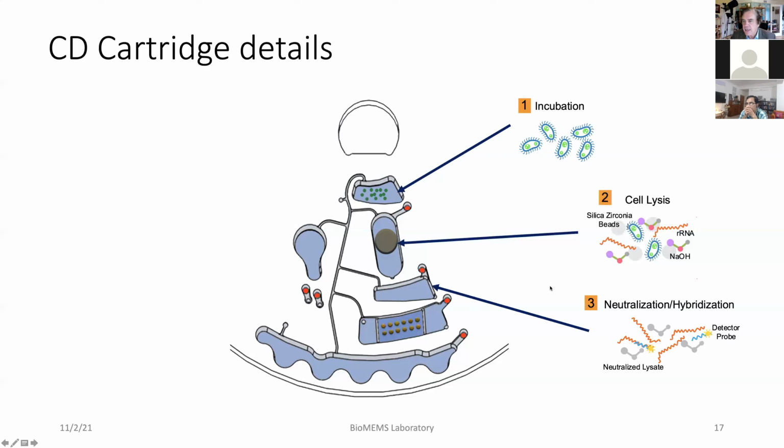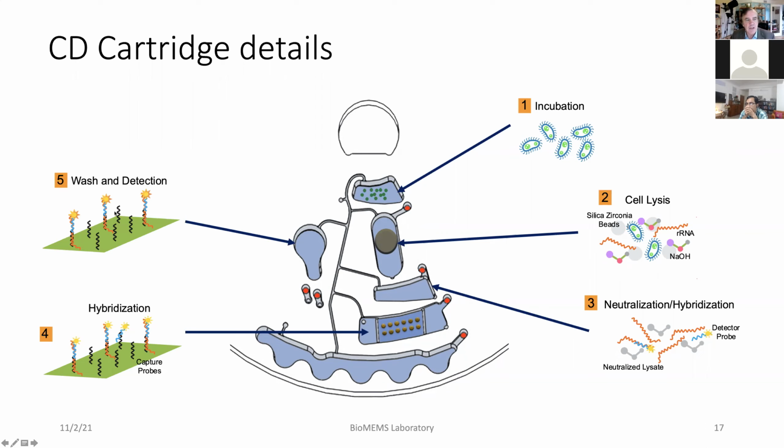And because I have that sodium hydroxide, I need to neutralize the liquid that comes from this chamber, because otherwise you cannot hybridize in alkaline medium. So here I neutralize, and voila, I go over to my hybridization chamber over here.